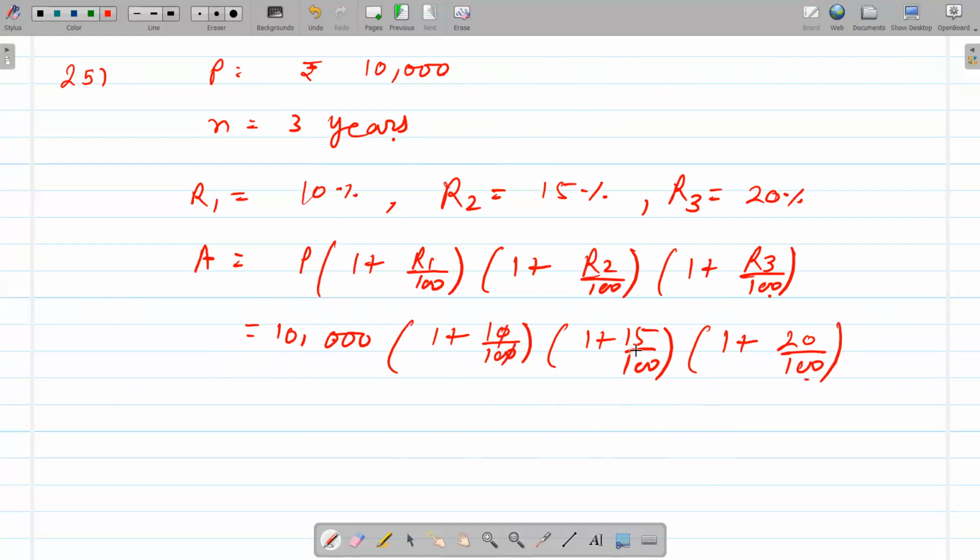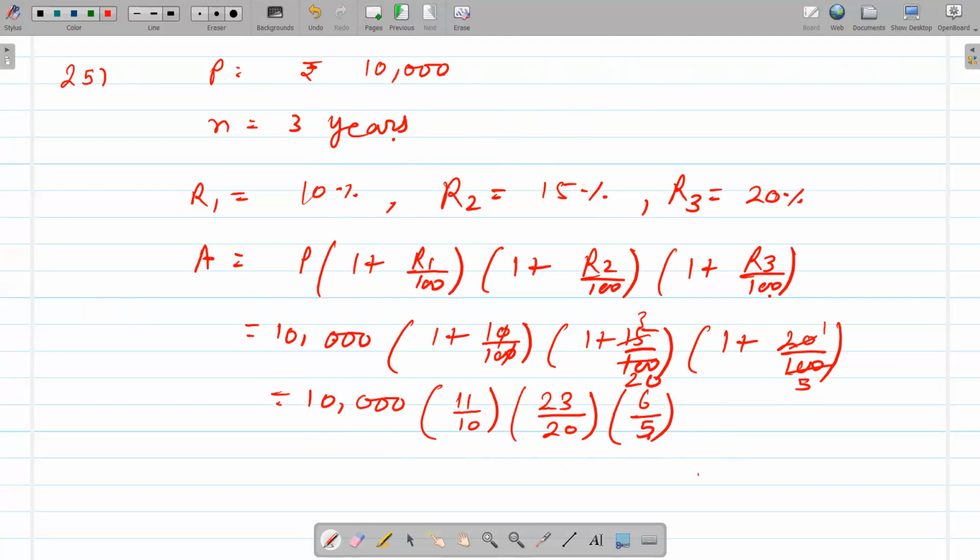So this will be 3, this will be 2, this will be 1, and this will be 5. तो आपके पास अब आ जाएगा 10,000 into 11 upon 10, then 23 upon 20, and the last one is 6 upon 5. So you can complete this question also.